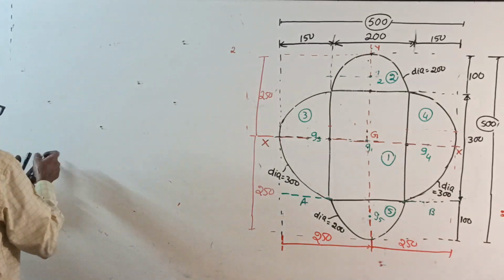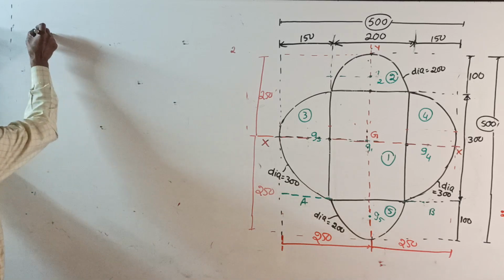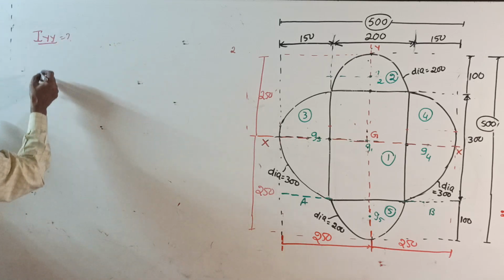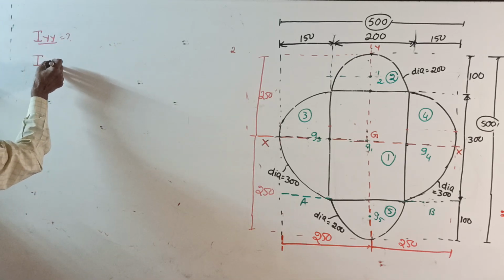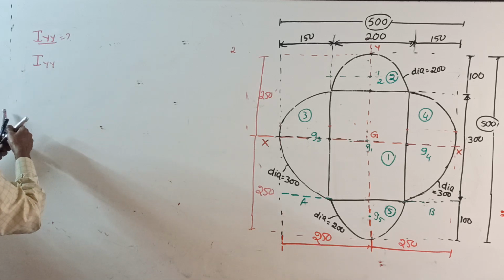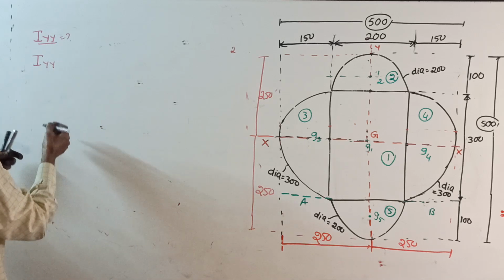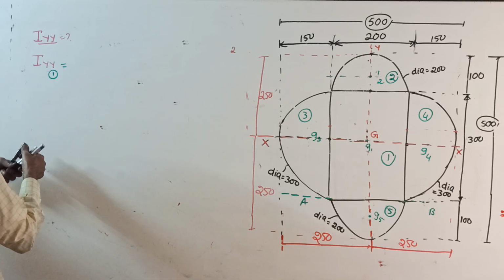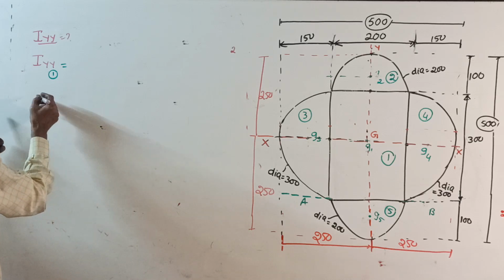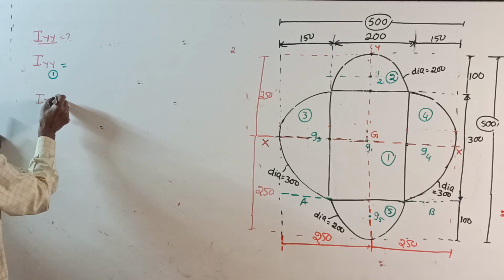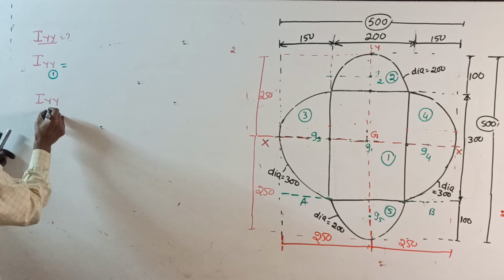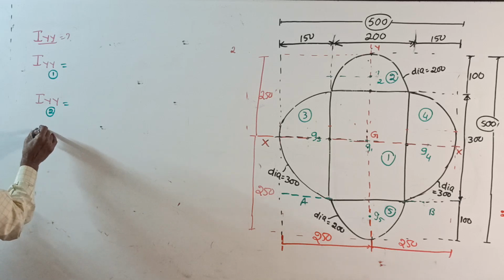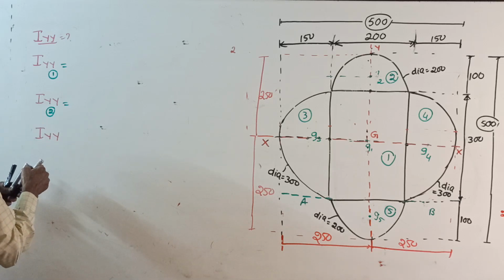Now I about YY. Start. First, calculate IYY for 1. If you calculate IYY for 1 correctly, then you require IYY for 2, then you require IYY for 3. That's all.